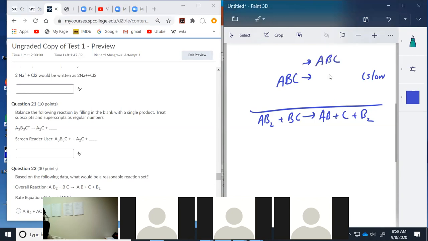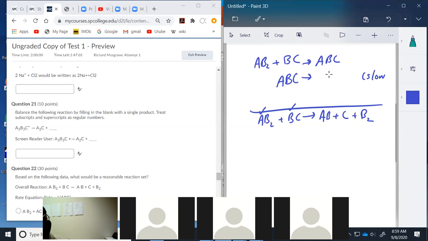So A, B, C is going to have to be formed from AB2 plus BC. Now you can see that we've already accounted for these reactants down here. Maybe we won't even need the third step. We'll see in a second. The products would be ABC plus B2.